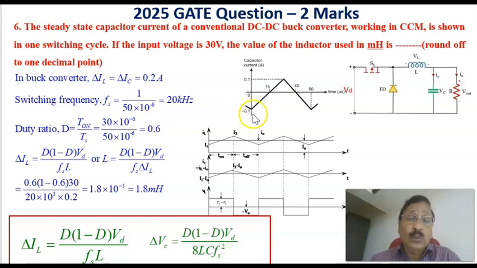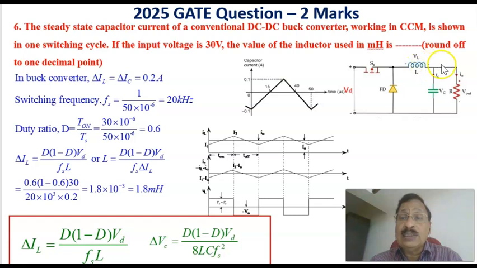Now coming to the current through the inductor, this is the capacitor current shown here. The current through the inductor is given by the load current plus the capacitor current.